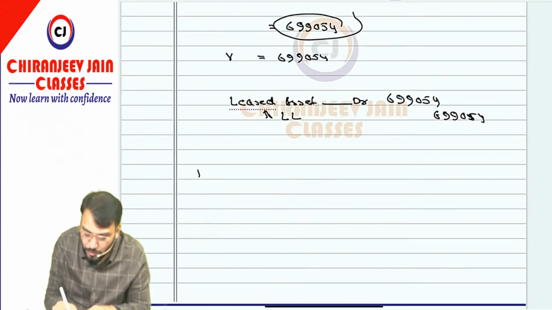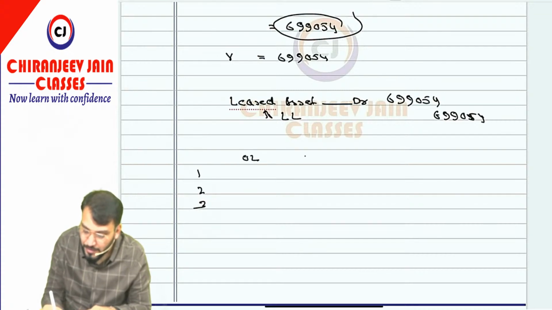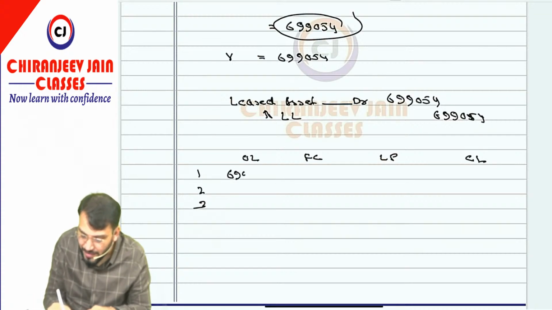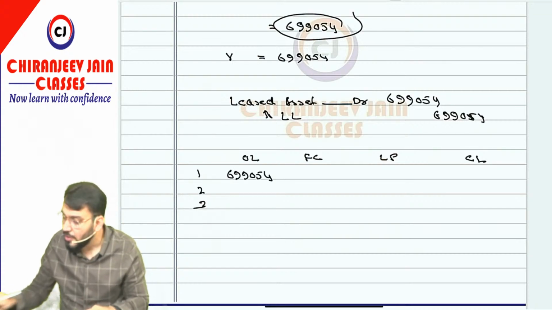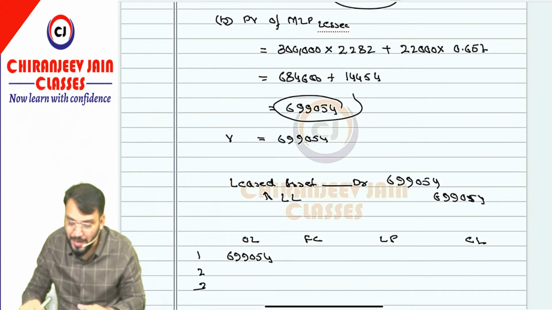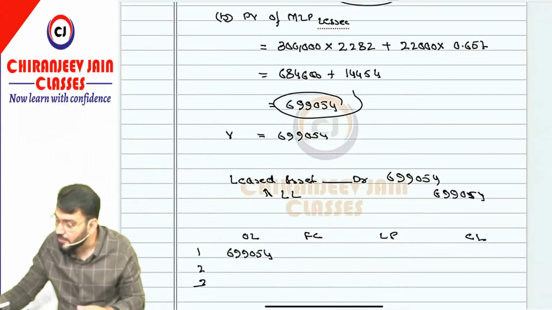For that, we'll prepare one table for 3 years. We write opening liability, then finance charges, then lease payment, then closing liability. Opening liability is 6,99,054 into the rate of interest, which we have calculated at 15%. How much is it coming?